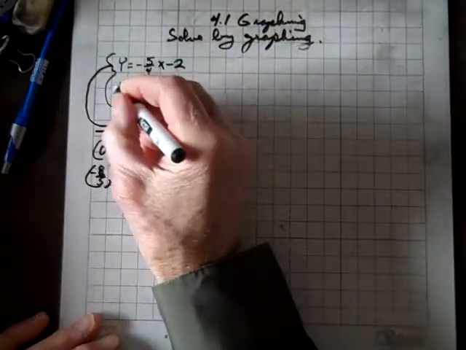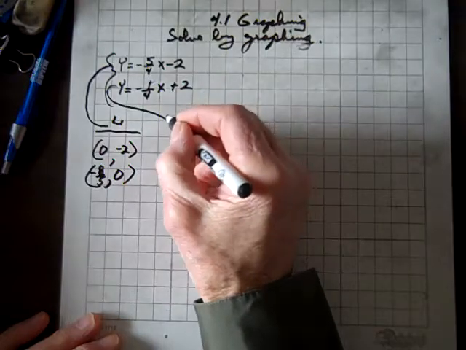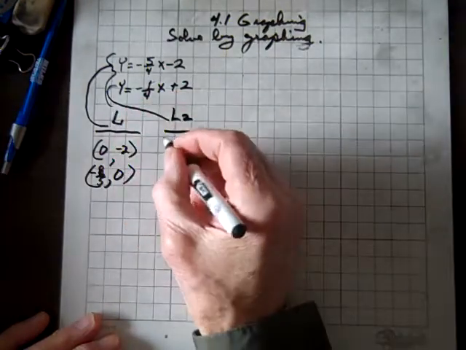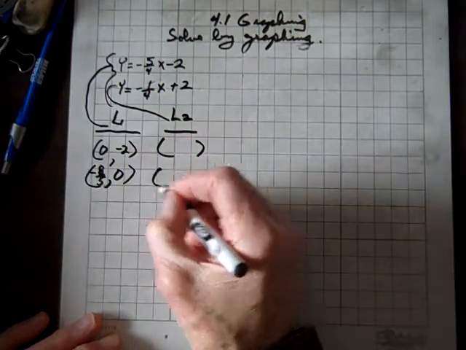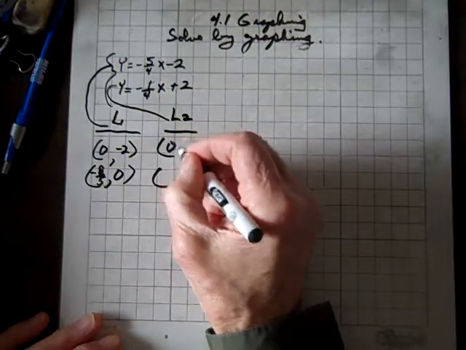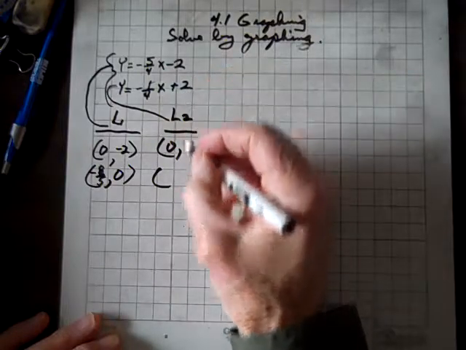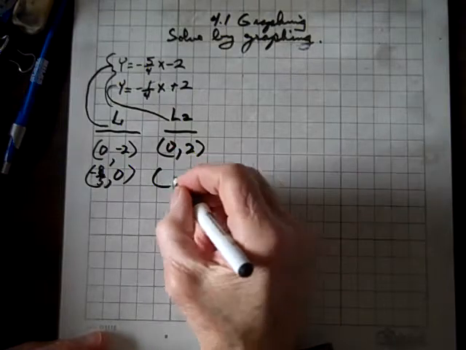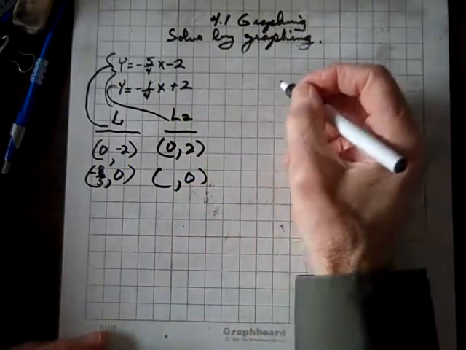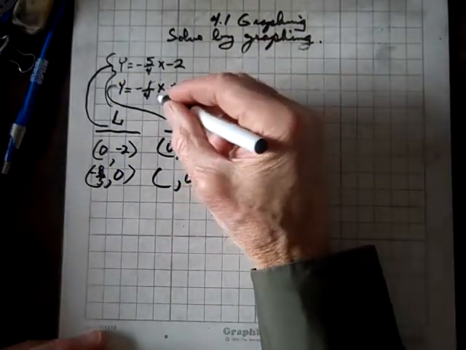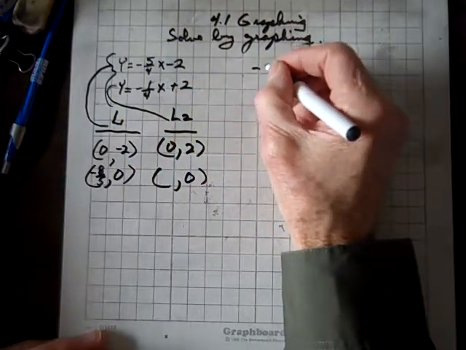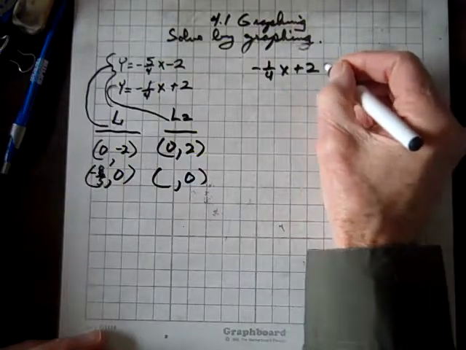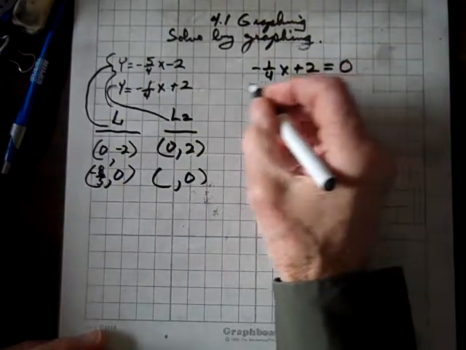Let's erase that, and we'll come up with the next two. Let's call this one L sub 2, and we'll come up with the two intercepts for that. When x is 0 for this equation, we get a 2 back. Now when y is 0, we set -1/4 x plus 2 equal to 0 and solve.